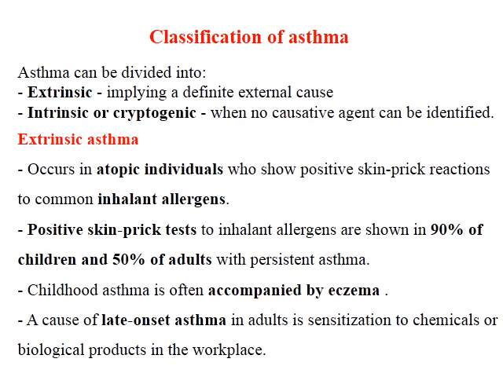Childhood asthma is often accompanied by eczema, and another study says that even if the children have no eczema or other atopic reaction, it may be due to a first-degree family history of these types of allergies. Another type, late onset asthma in adults, is sensitization to chemical or biological products, which occurs mainly at the workplace.